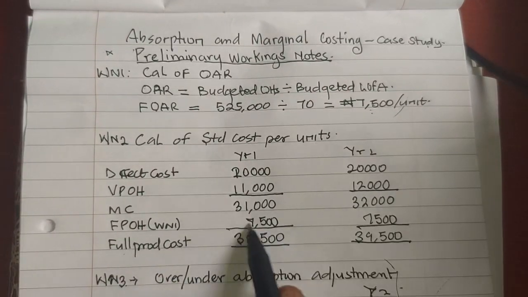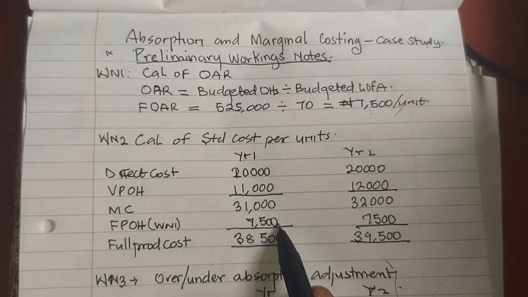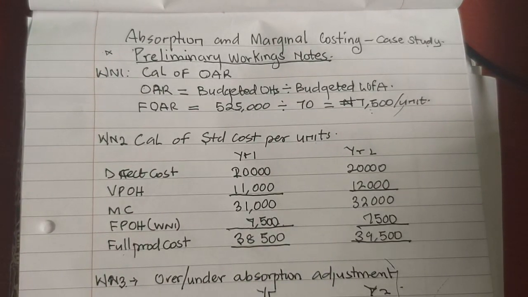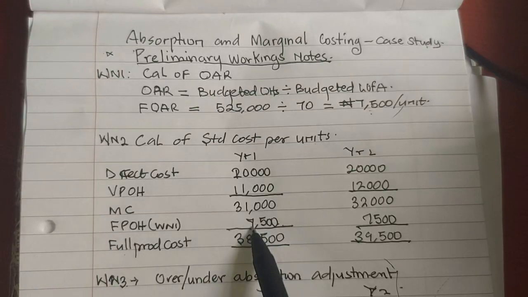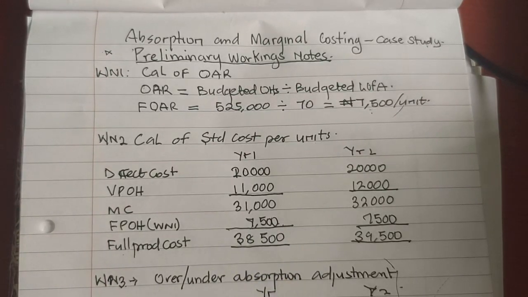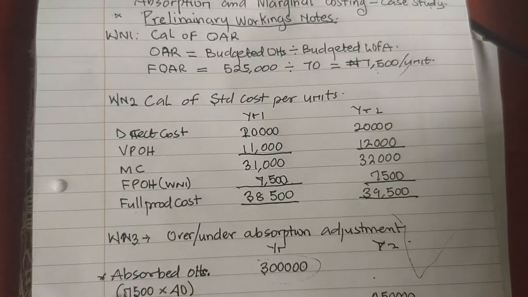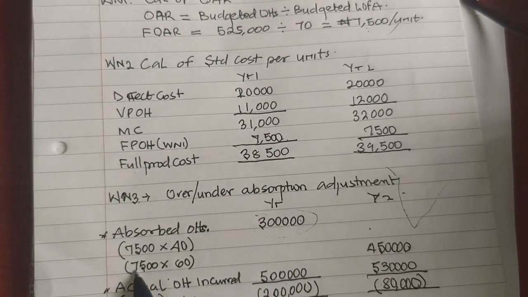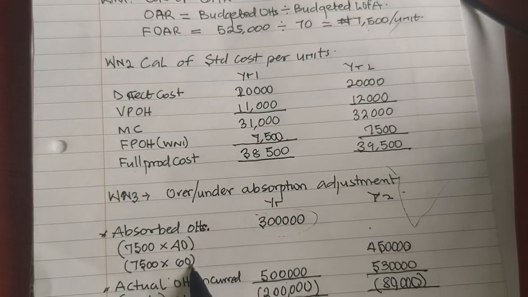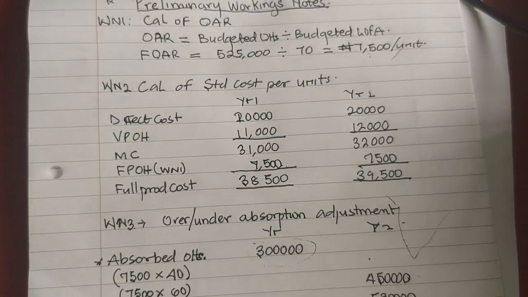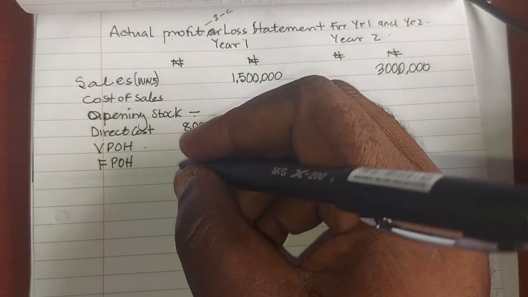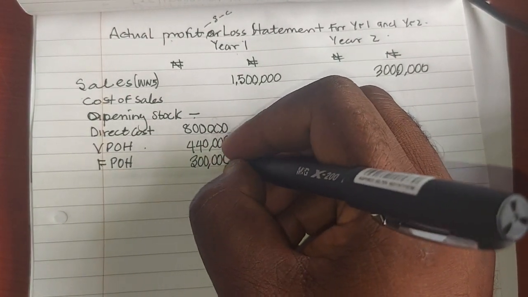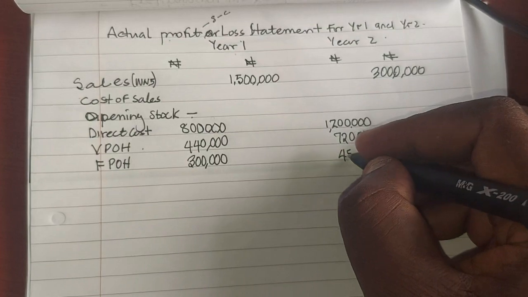You multiply 7,500, fixed production overhead absorbed, by 40, which is 300,000. 7,500 multiplied by the actual production units, which is 60, gives 450,000. So that gives 300,000, and this gives 450,000.